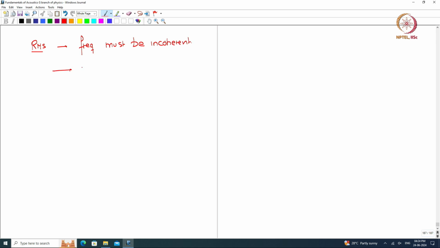So if I have A1 sine omega t and A2 sine omega t, and I am trying to find the mean square or RMS value, you have to first combine and it becomes A1 plus A2, and then it will become A1 plus A2 by root 2. If they are incoherent, it becomes the square root of A1 square by 2 plus A2 square by 2. So it is different.